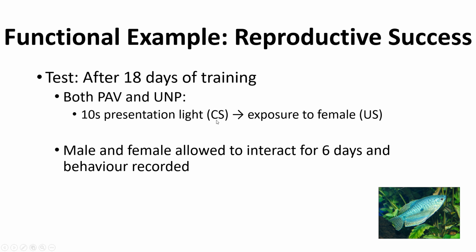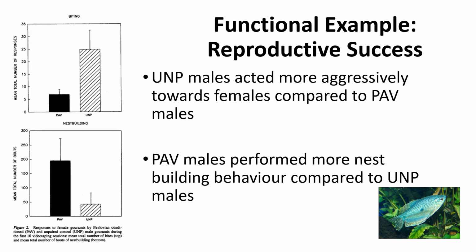It should still be nothing to our control group if everything goes the way we want it to go. So this test is, okay, there's a presentation of the light, and then they immediately get exposure to the female. And the male and female would then be allowed to interact with one another for 6 days, and we recorded their behavior. So what did they do after they were introduced?